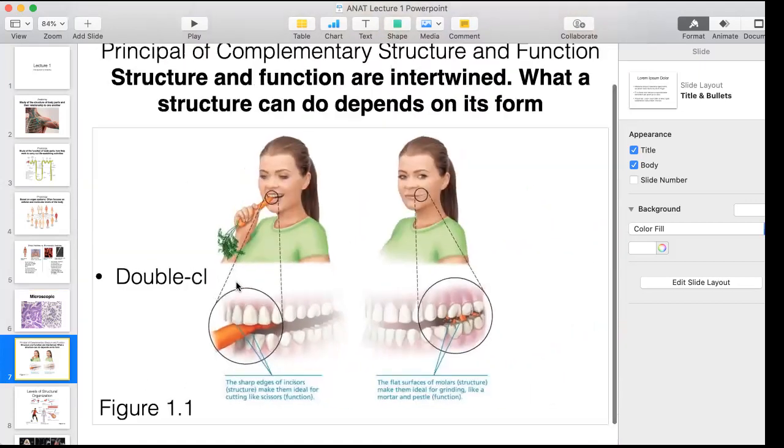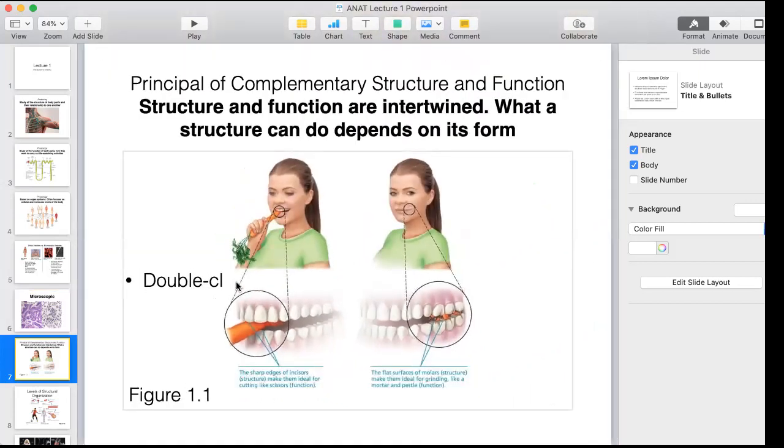Okay, so with anatomy, we also focus on the principle of complementary structure and function. As I said, this is all the product of evolution. And if you look at the teeth of wolves, for example, and the teeth of horses and the teeth of humans, you'll see that their structure is quite a bit different. And the reason why is that structure determines function.